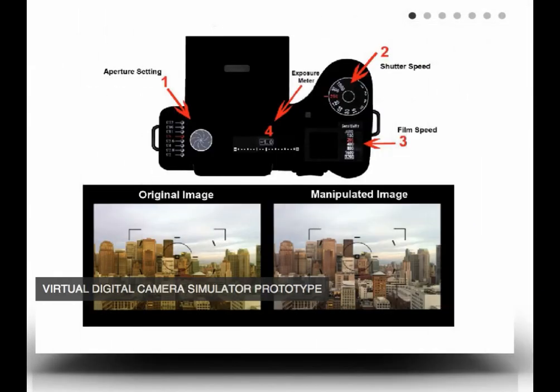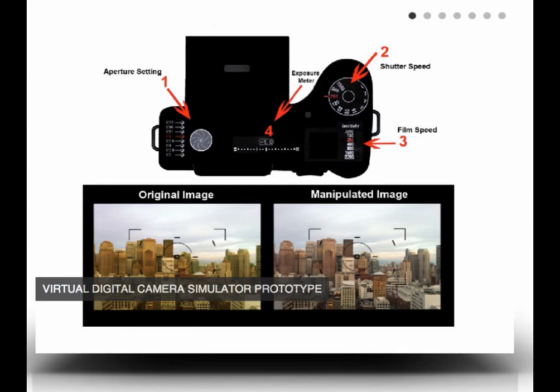Ultimately, as I mentioned before, I would like the interaction to be completely dynamic between the different settings. At the same time, I would like to provide a preview so that if the learner is choosing an aperture setting, they would automatically also see a preview of what shutter speed and film speed they're on, which would include before and after images as well.